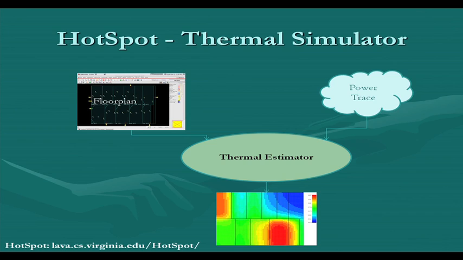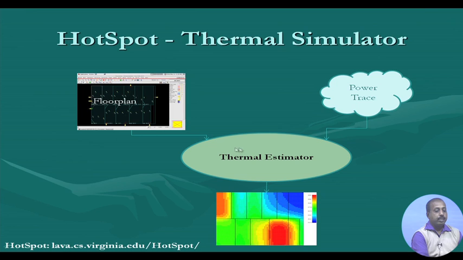So how do we get this temperature profile? That is the first thing. There are many thermal estimators available, and one of them is the tool HotSpot, available on this particular site. HotSpot takes the floor plan of the chip as an input, and it also takes the power trace of the individual blocks.